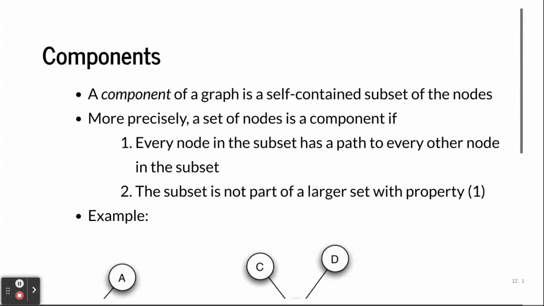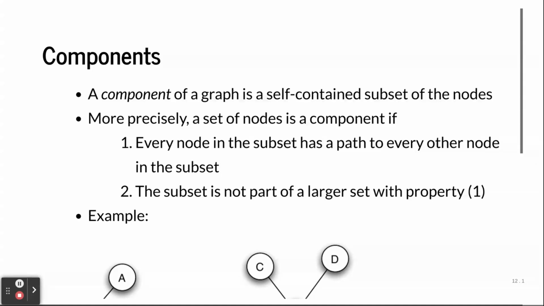Now we'll turn to one more key feature of a network, which is actually called a component. A component of a graph is a self-contained subset of the nodes. More precisely, a set of nodes is a component if two things hold.